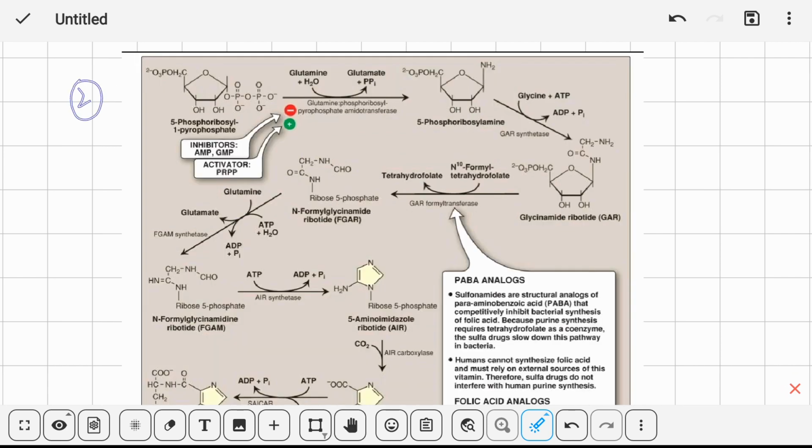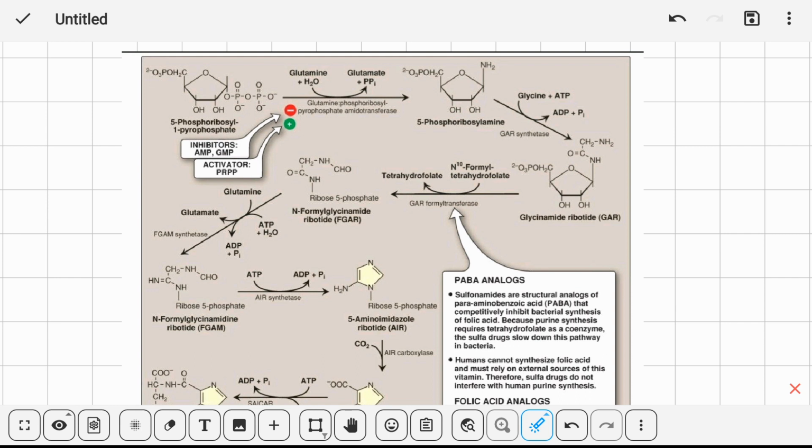Going to the second step, where PRPP is acted upon by the GPAT enzyme. I have made a simpler abbreviation for the enzyme.